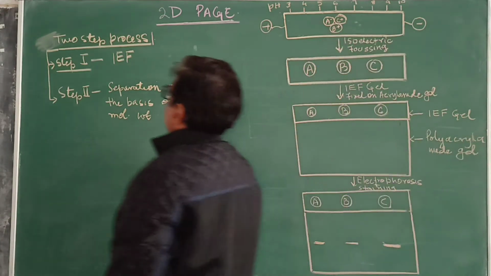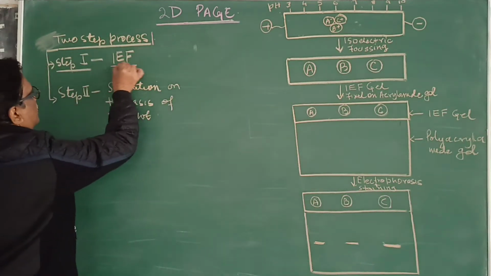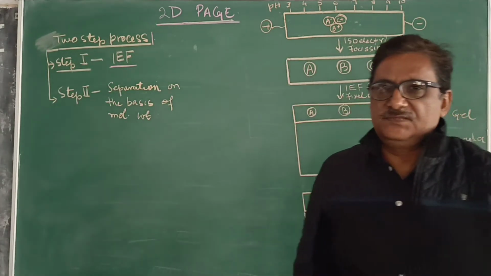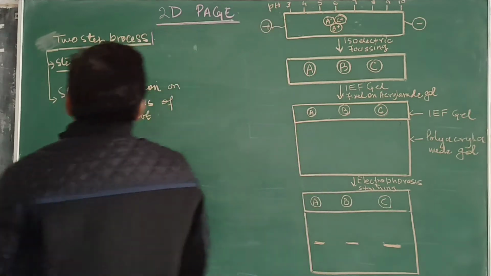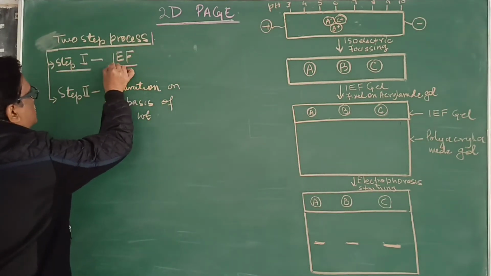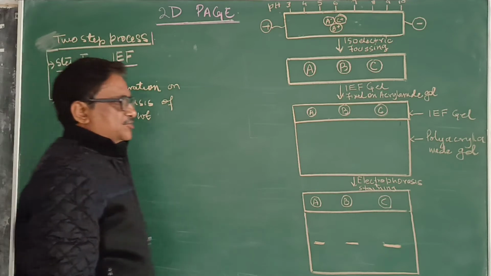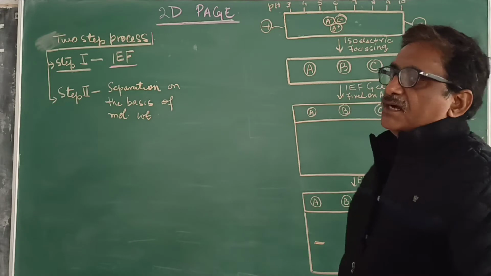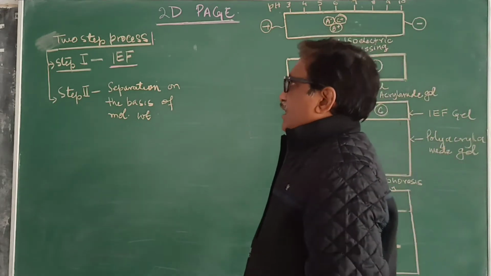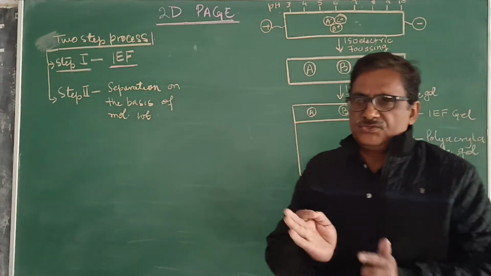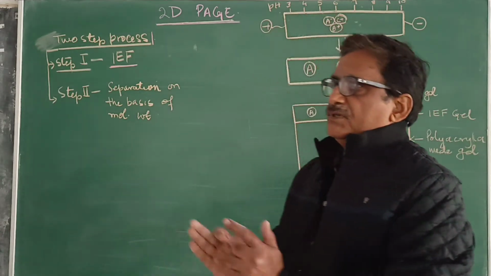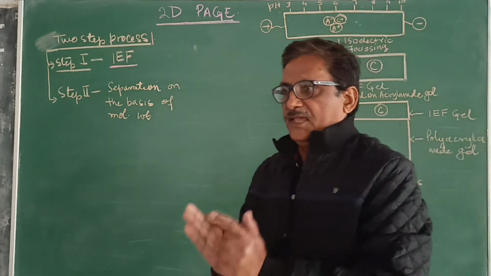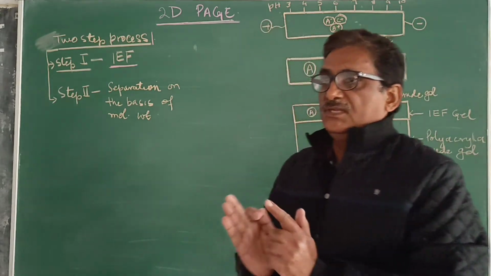Step one is isoelectric focusing. We have already discussed isoelectric focusing. This is the process of separation of protein molecules on the basis of their isoelectric point. As we know, the isoelectric point of a protein is specific for that protein, and no two proteins have a similar isoelectric point.